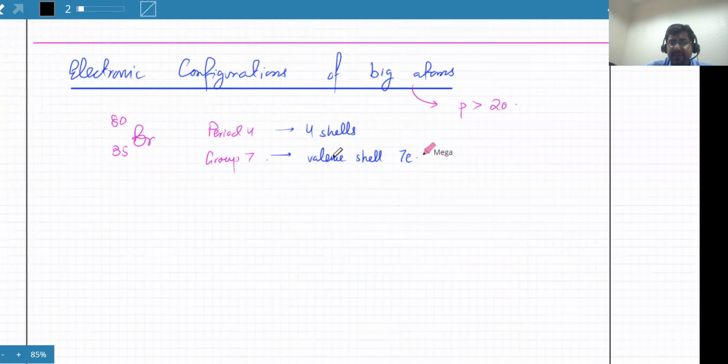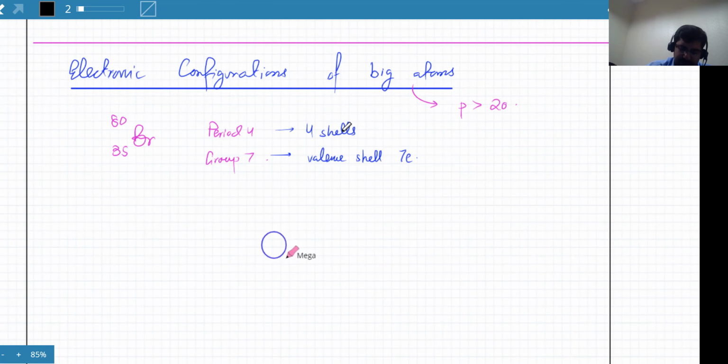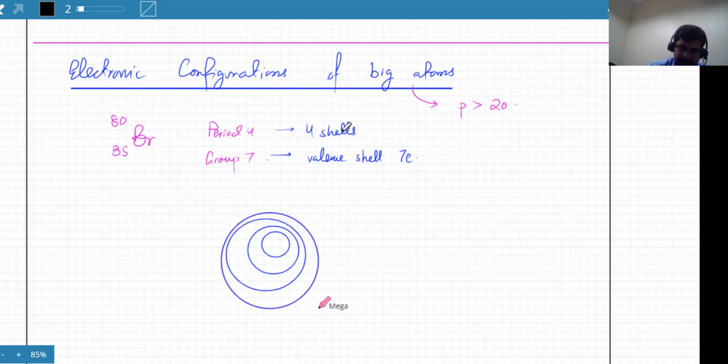I know that it has 4 shells. It's in period 4. So I can either draw those 4 shells. Let's try and draw them first. So here's shell number 1, there's shell number 2, shell number 3 and shell number 4.